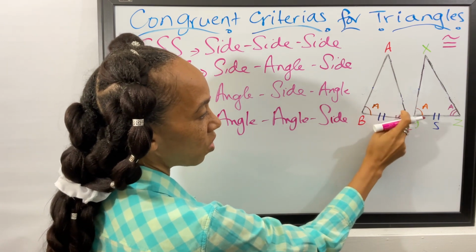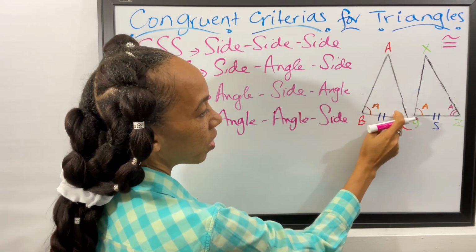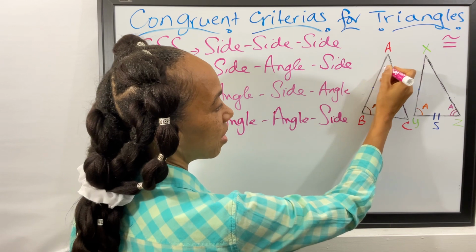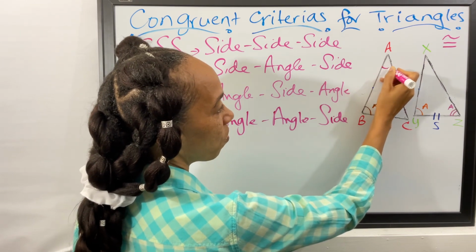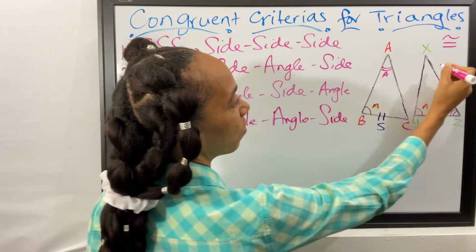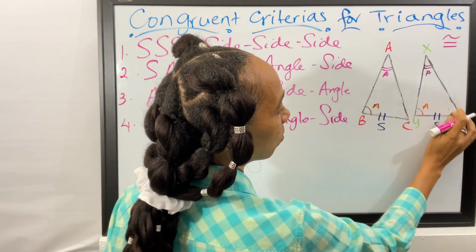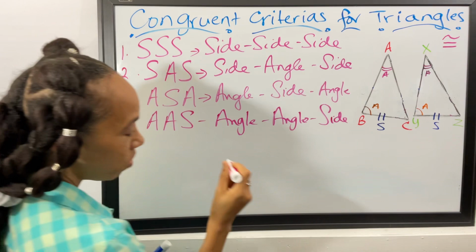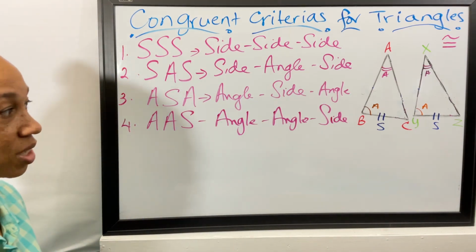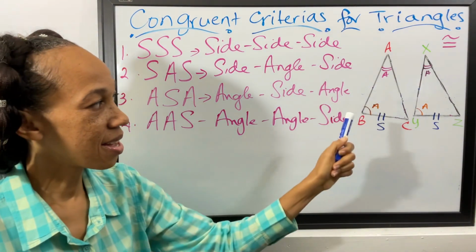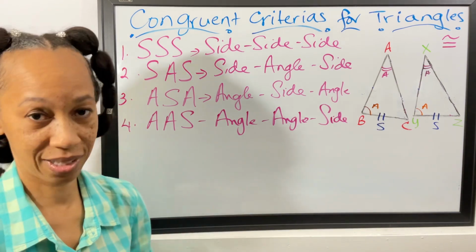So I'm going to get rid of this one, and I'm going to place it up here. And that would be your angle, angle, side, AAS. All right?